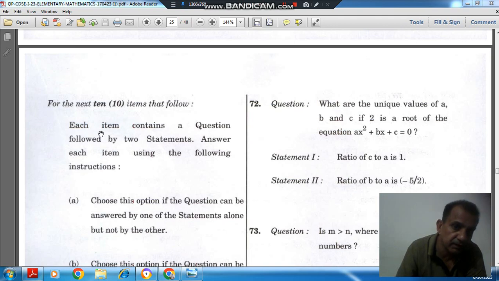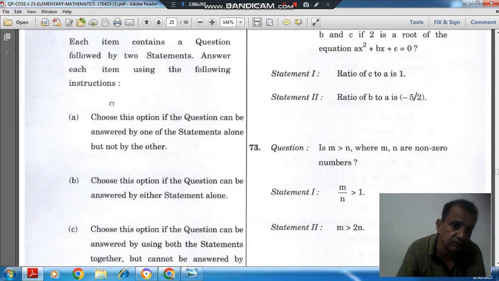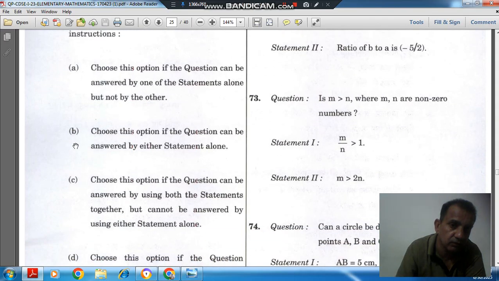The instructions are: each item contains a question followed by two statements. Answer each item using the following instructions. Option A: choose this option if the question can be answered by one of the statements alone but not by the other.